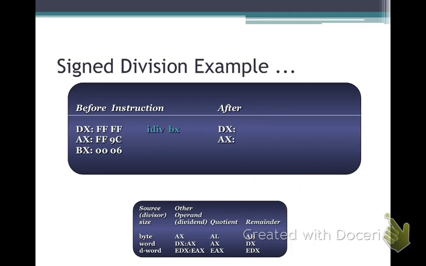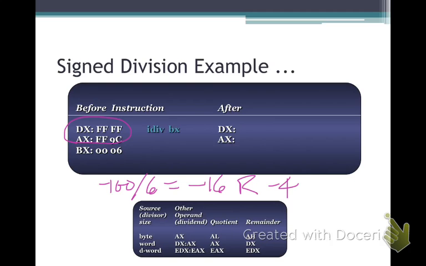All right, let's look at an example. Very similar. In this case, we're going to do IDIV BX. BX is a word, so my dividend is in DX:AX. DX:AX is our example that we just did. So -100 divided by 6 is going to give me -16 with a remainder of -4.